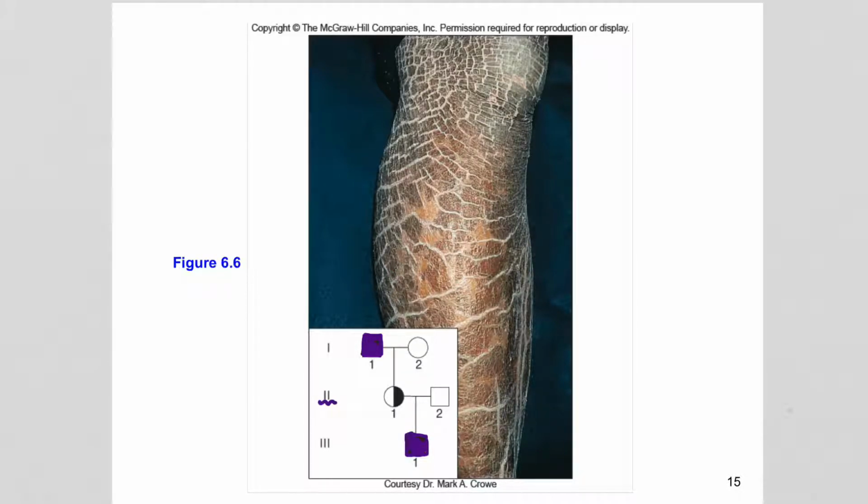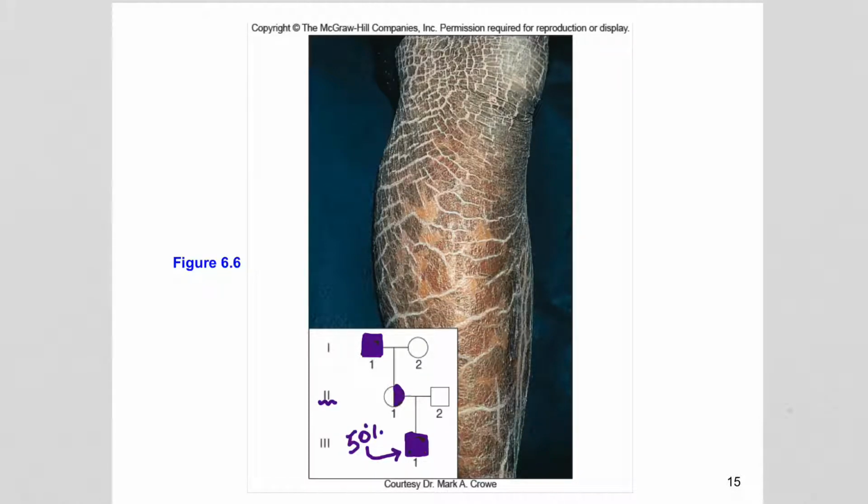It skips a generation. So the only way that this is possible is for this mother to be a carrier. So she's heterozygous for the condition. She doesn't show it, but she still has a 50% chance of passing on that mutation to a son.